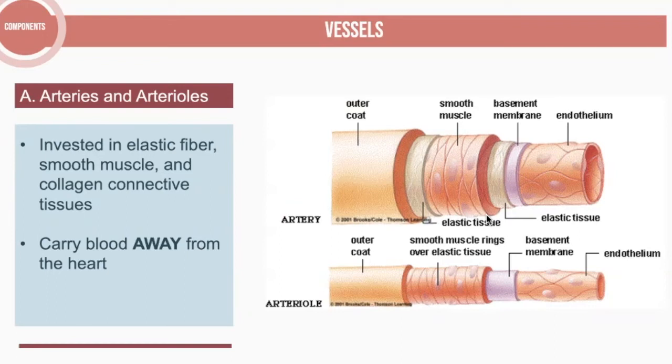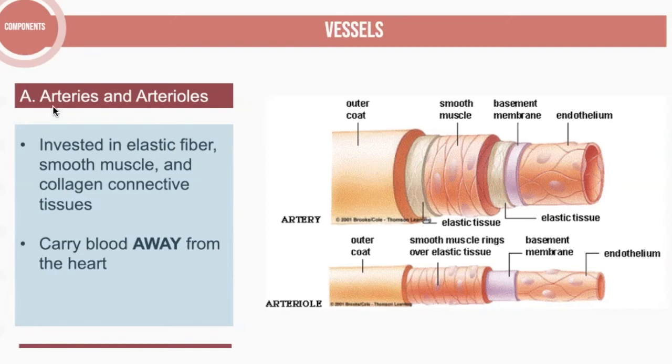This structure allows them to withstand the high pounding pressure of oxygenated blood leaving the heart and to accommodate the surge of blood during heart contraction, or systole, and return to their original form during heart relaxation, or diastole. The main function of your arteries and arterioles is that they carry blood away from the heart.